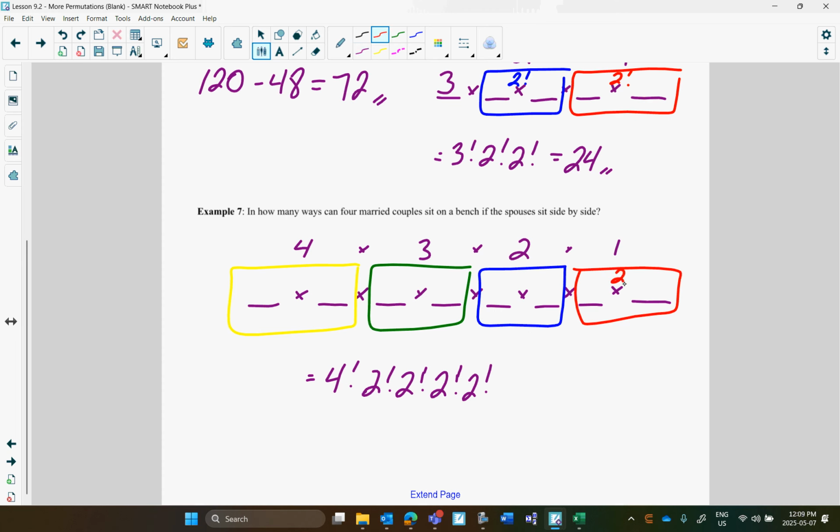Because this married couple can sit in 2 different ways, 2 factorial, same with this one, same with this one, same with this one. So 24 times 16, I believe. Should get 384. Okay.